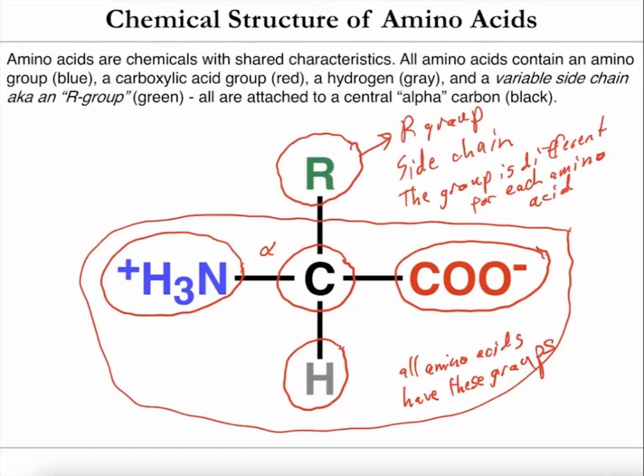So all the amino acids have that central alpha carbon, the amino group, the carboxylic acid group, and a hydrogen. And then they're all bound to an R group, which could be any of 20 different chemical groups. That's how you get the different amino acids. You put different chemistry in place of that R group.